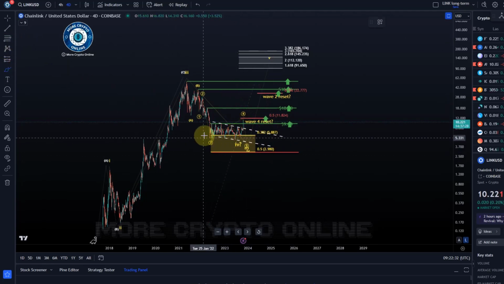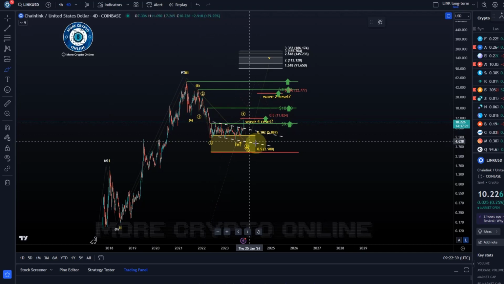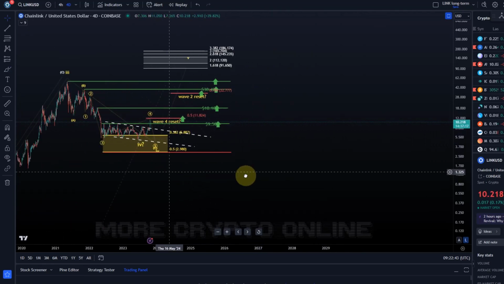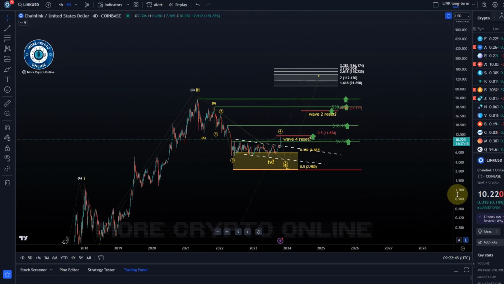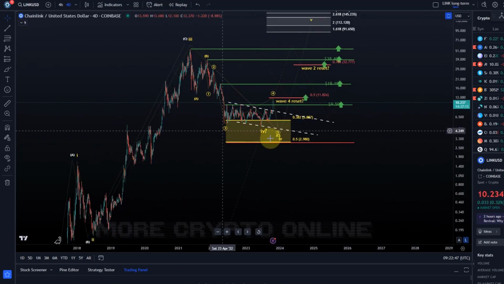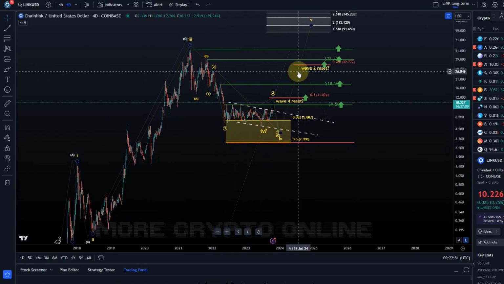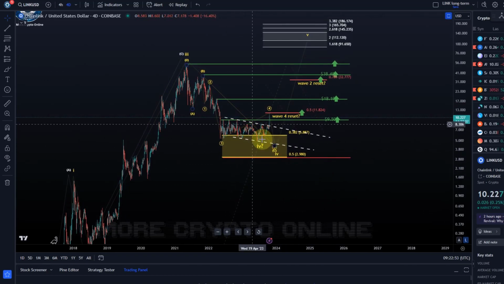But this is the key support area, the pivot basically, that indicates where a reversal should happen. Looking at the 4-day chart, looking at the weekly chart, without considering the micro count, this is based on the overall wave count, the area in which the price should ideally turn around in a bullish scenario.